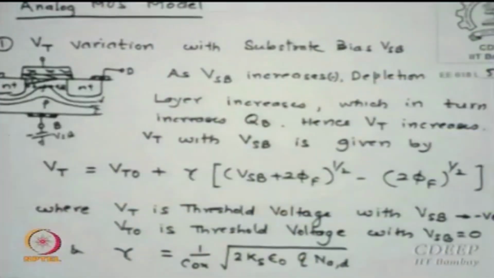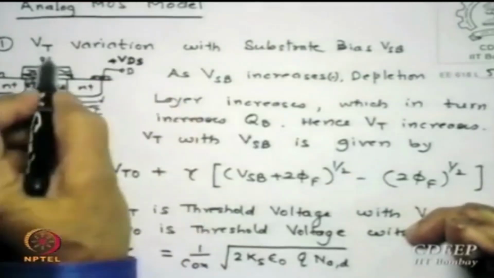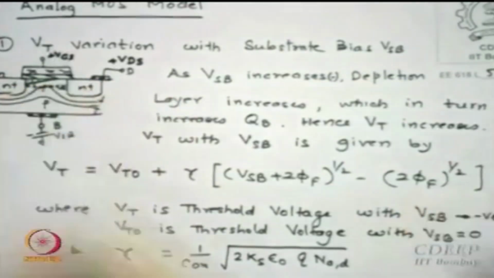Now in real life this threshold is not really as constant as I thought, and it has been figured out that if I apply a substrate bias, a negative substrate bias, something happens. You can see from here the source is grounded and the drain is plus VDS for a MOS transistor to work, plus VGS which exceeds VT.